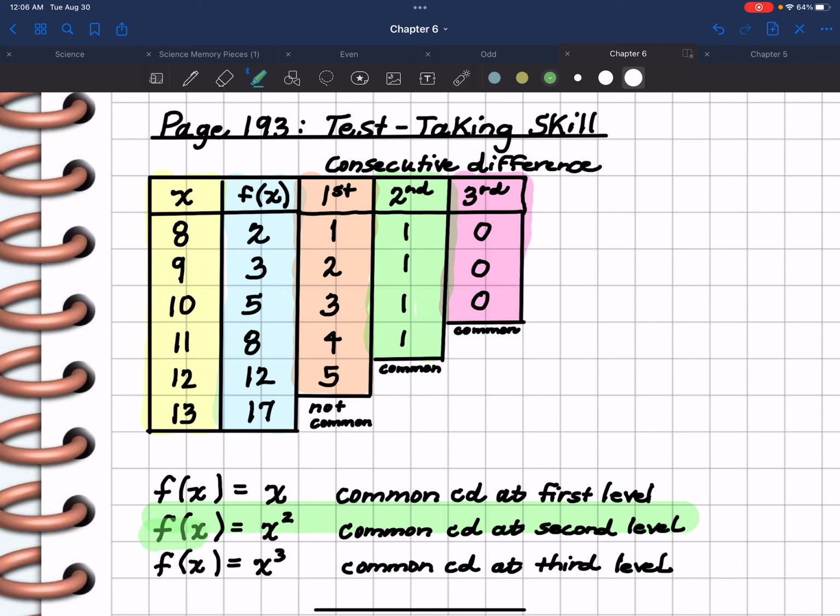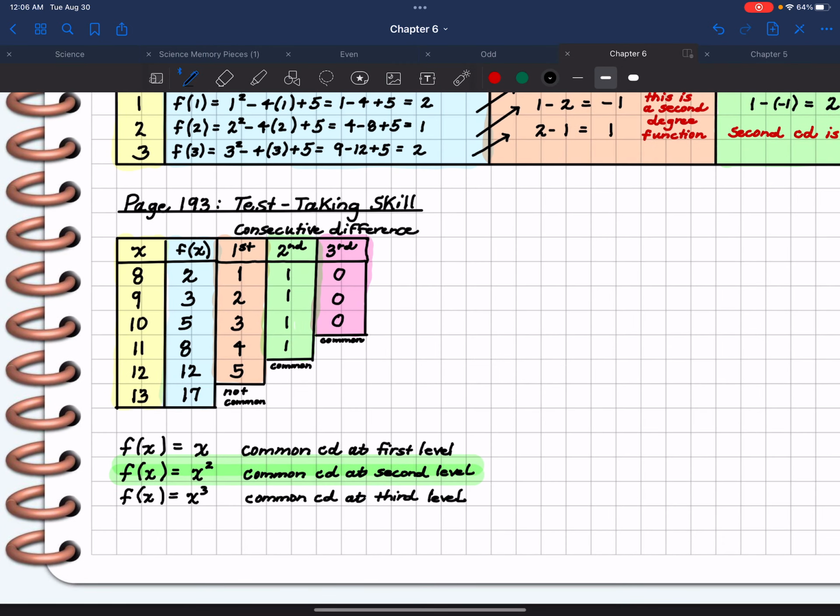Now, what you and I have to know is the name for that. A first degree function is linear. A second degree function is quadratic. A third degree function is cubic.